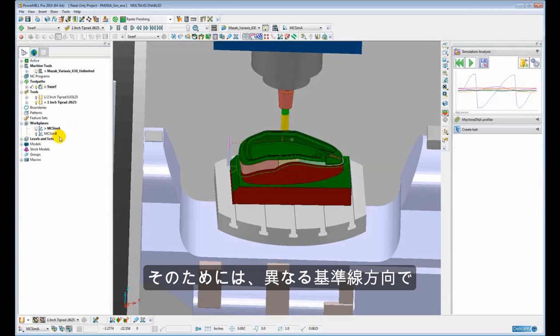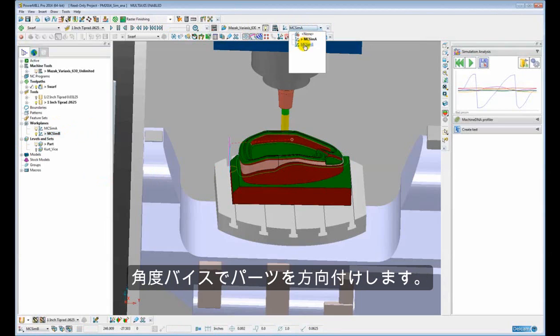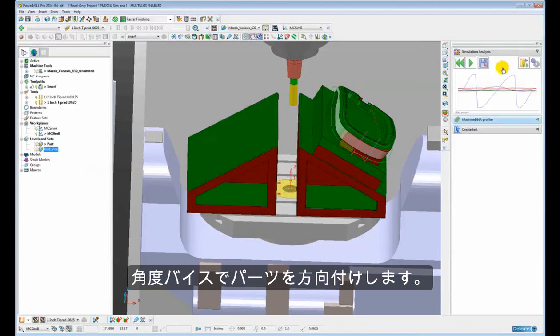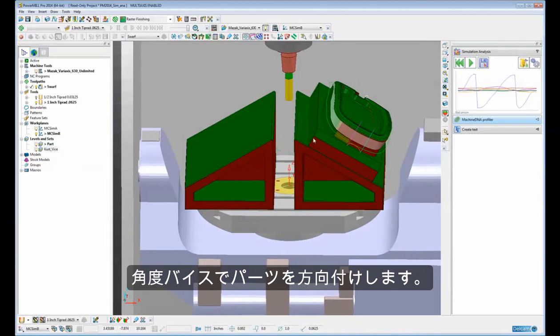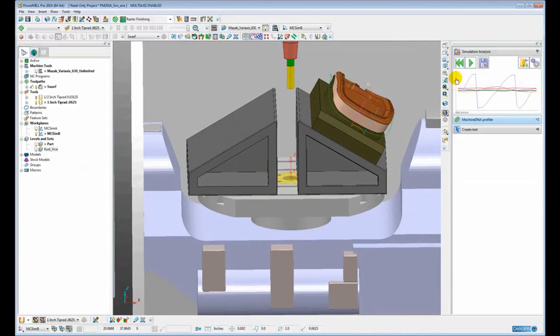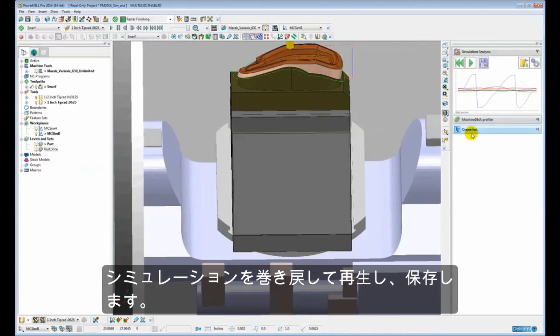And the way we can do that is by simply using a different datum orientation and positioning the part on an angled vise, like so.